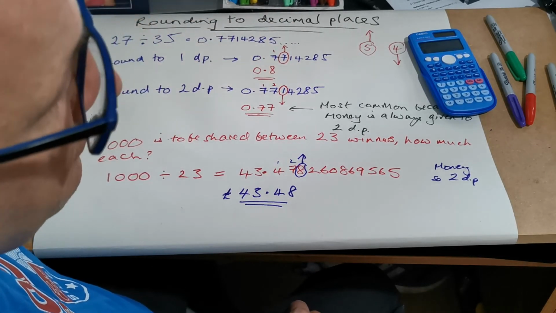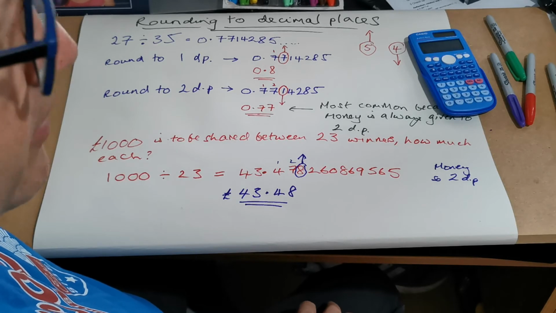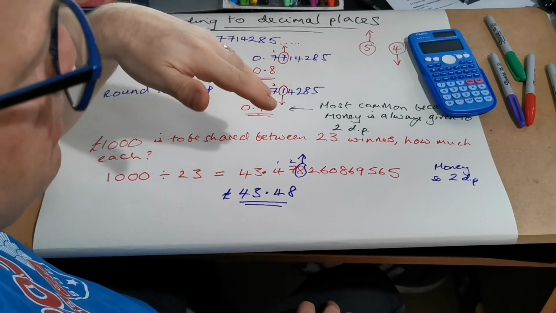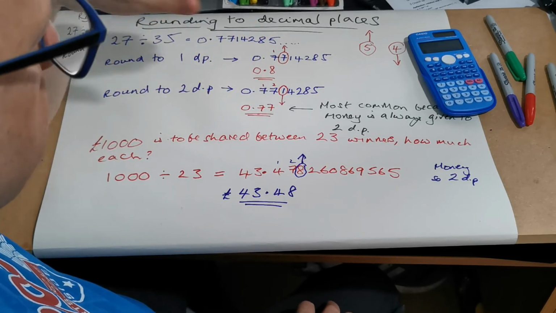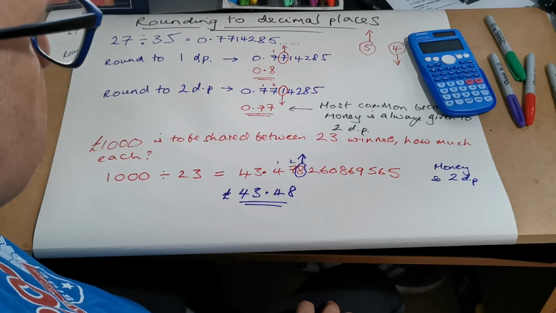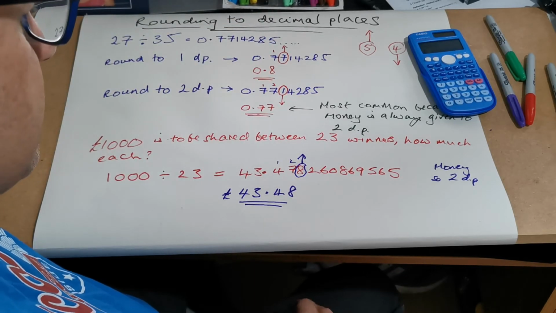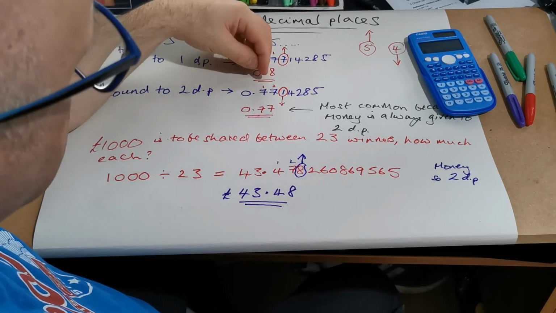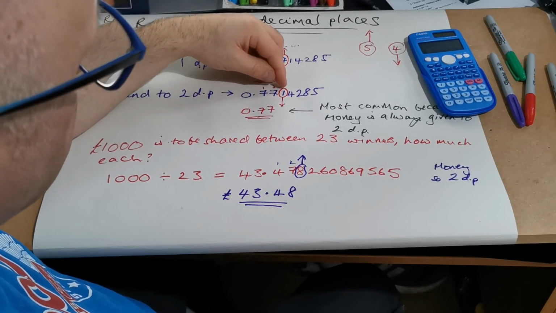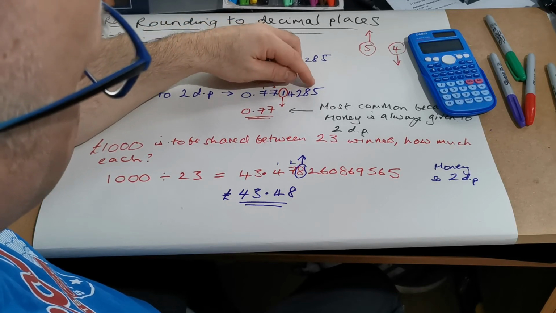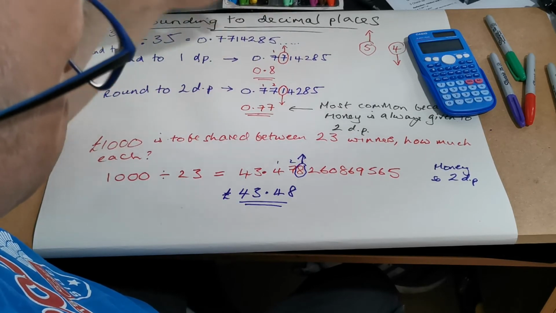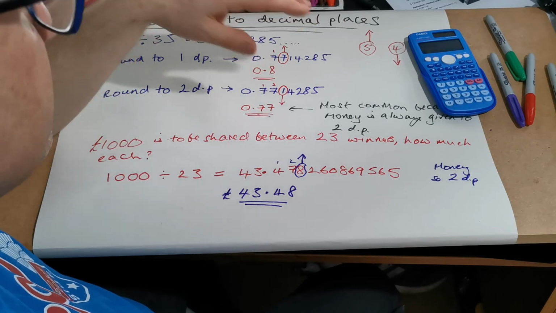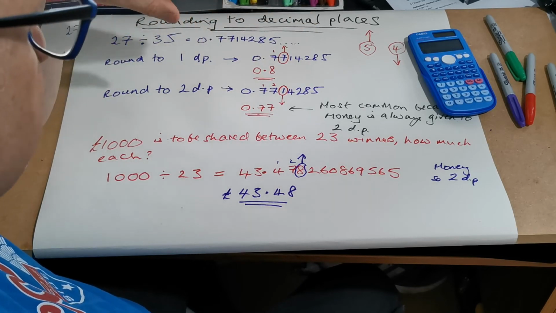I often think rounding down is a bit of a poor name for it, but if you come down, you stay the same. It's only when you round up that it does change. So again, if I'd said round to 5 decimal places, I'd count 1, 2, 3, 4, 5, and then circle the 8, and then round up. So as long as you keep that routine going, you'll always do well on these.